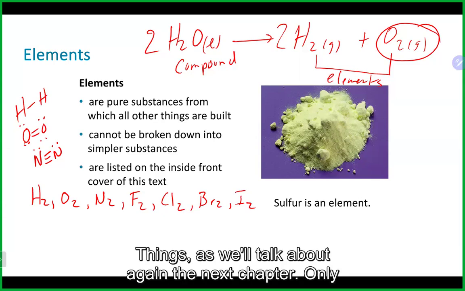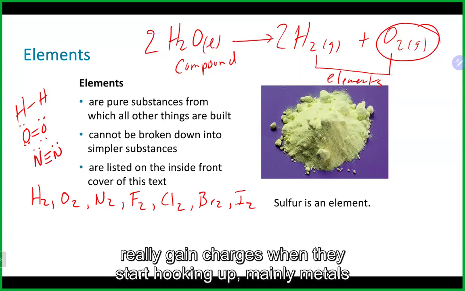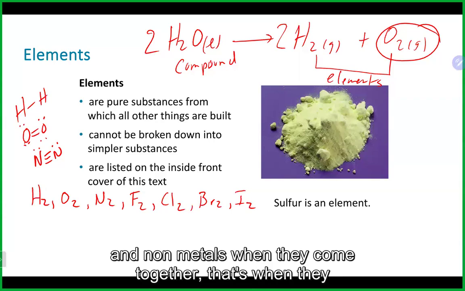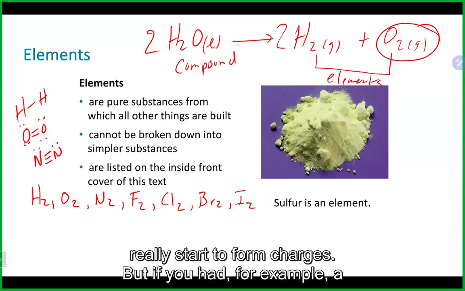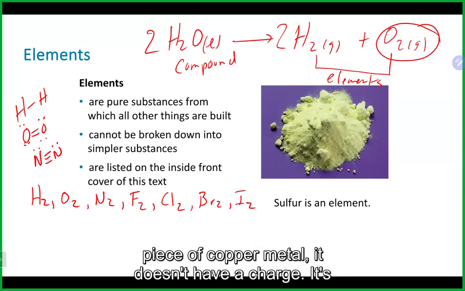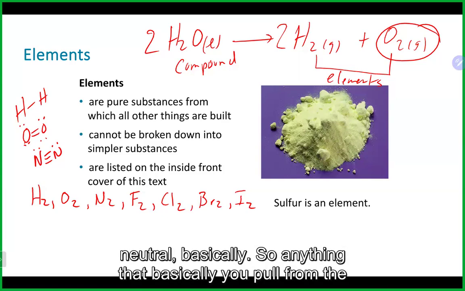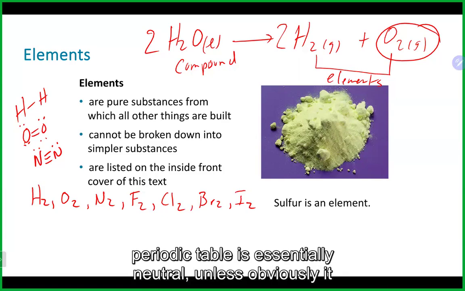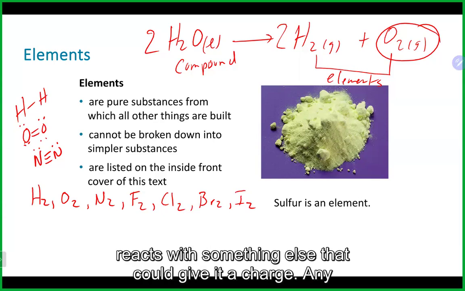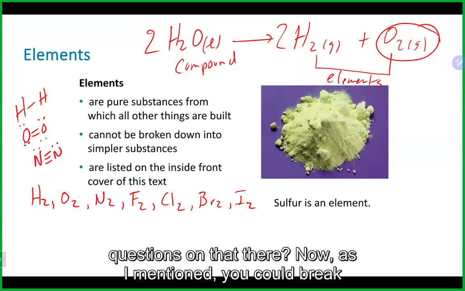Things, as we'll talk about again in the next chapter, only really gain charges when they start hooking up, mainly metals and nonmetals when they come together. That's when they really start to form charges. But if you had, for example, a piece of copper metal, it doesn't have a charge. It's neutral, basically. So anything that you pull from the periodic table is essentially neutral, unless obviously it reacts with something else that could give it a charge. Any questions on that there?